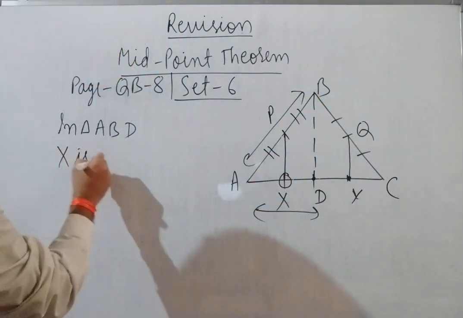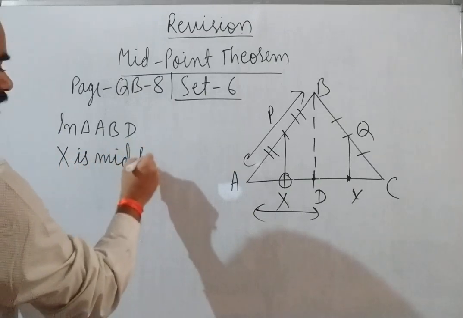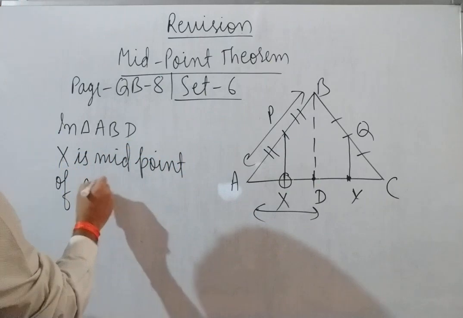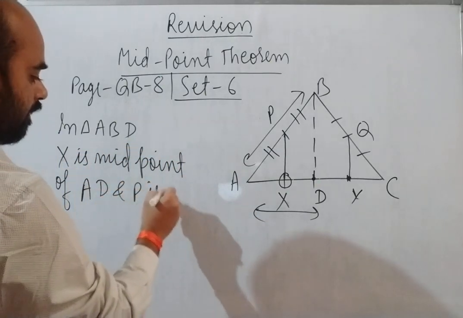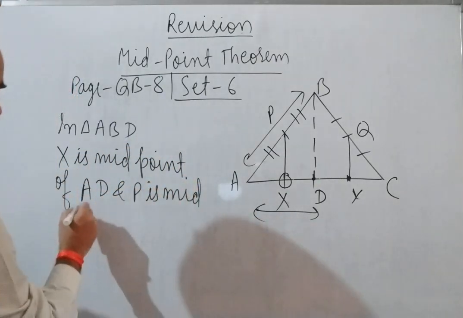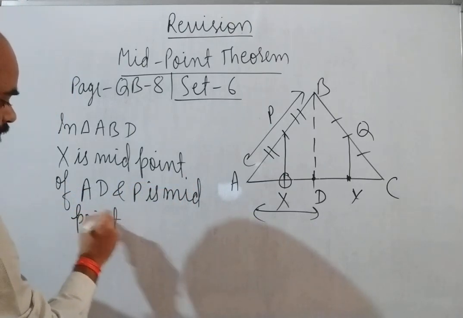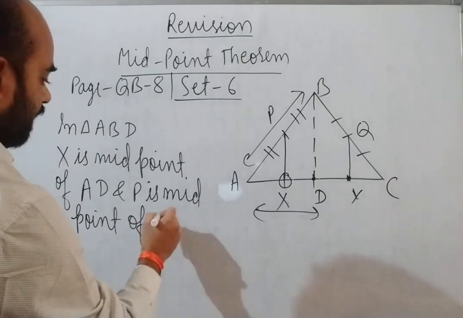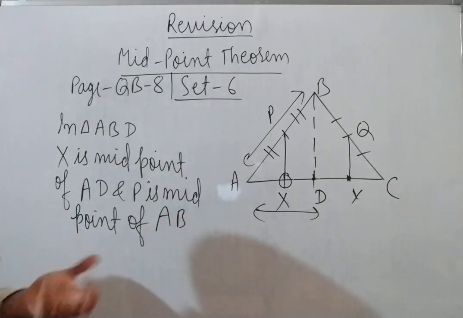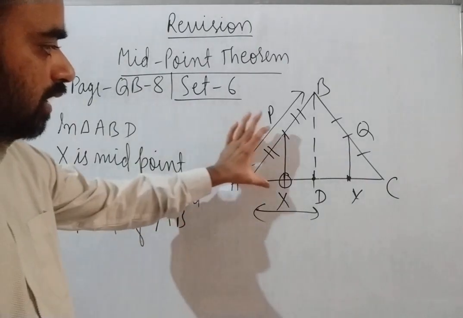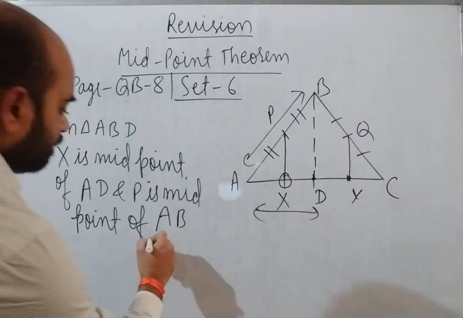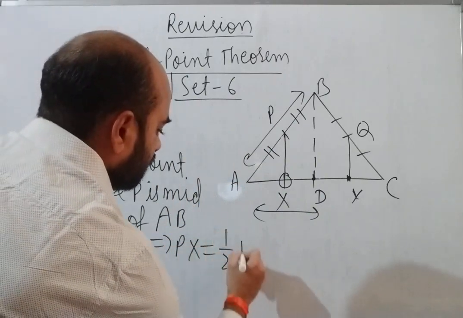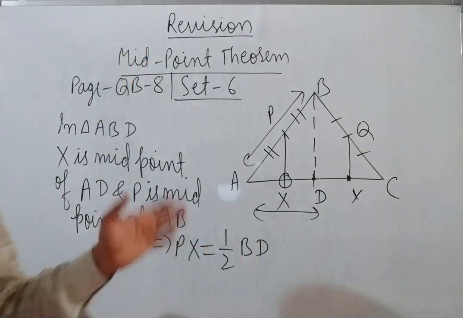X is midpoint of AD and P is midpoint of AB. So we can apply midpoint theorem, that is PX is equal to half of BD and PX will be parallel to BD, correct?